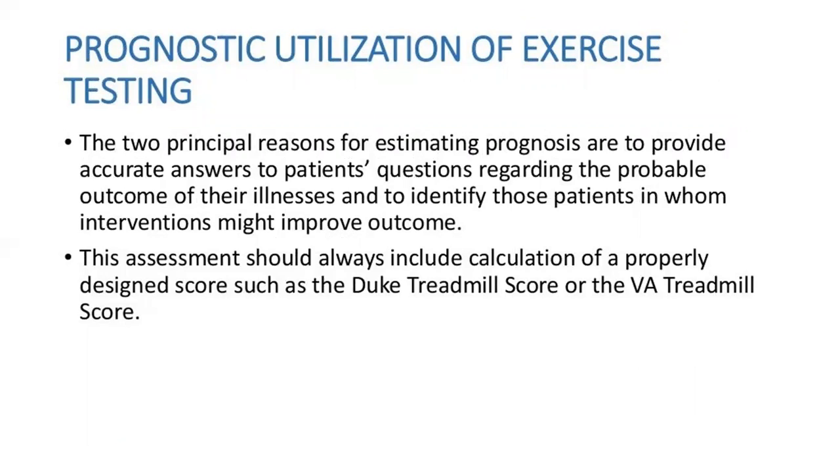Here you can have a look at prognostic utilization of exercise testing. The two principal reasons for estimating prognosis are to provide accurate answers to patients' questions regarding the probable outcome of their illness and to identify those patients in whom interventions might improve the outcomes.